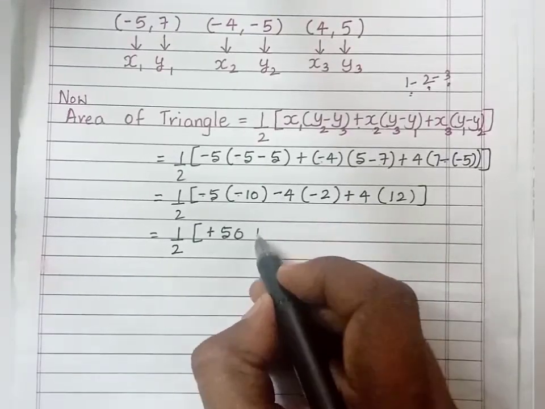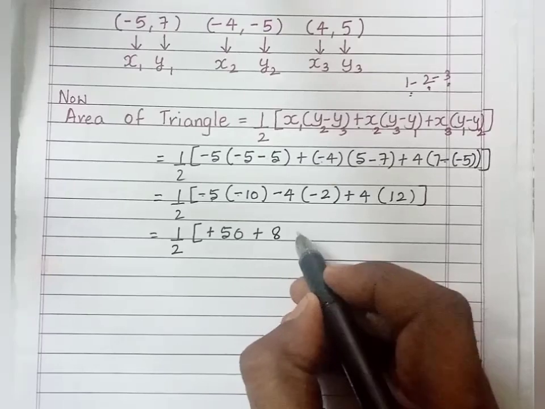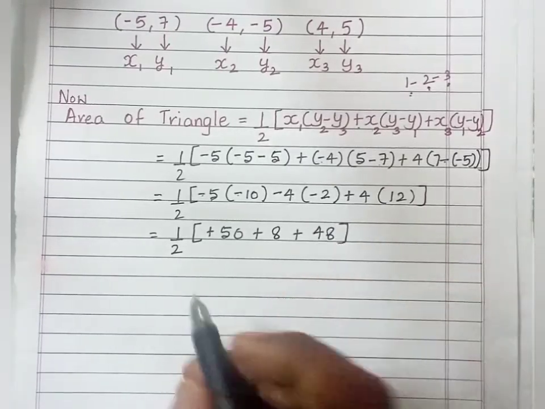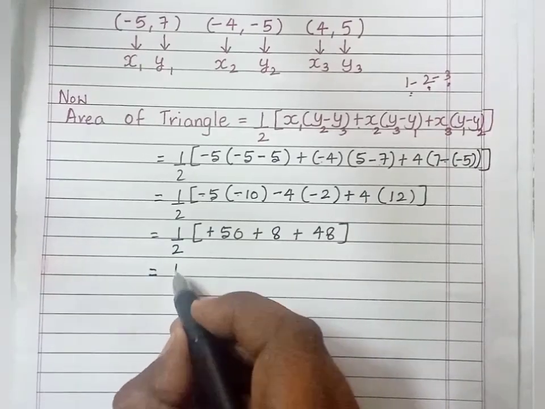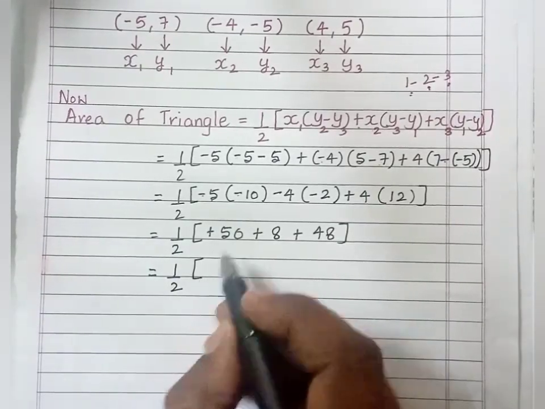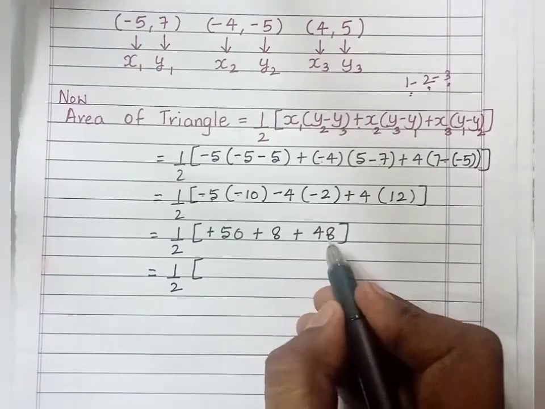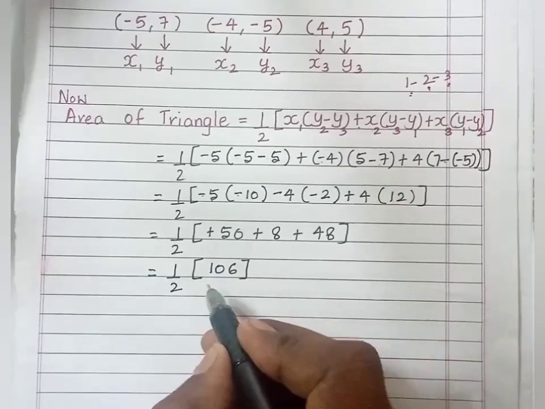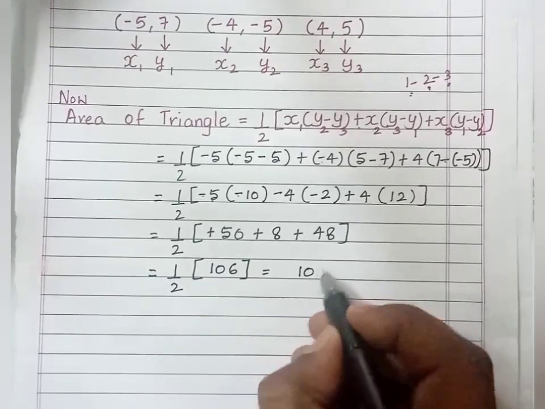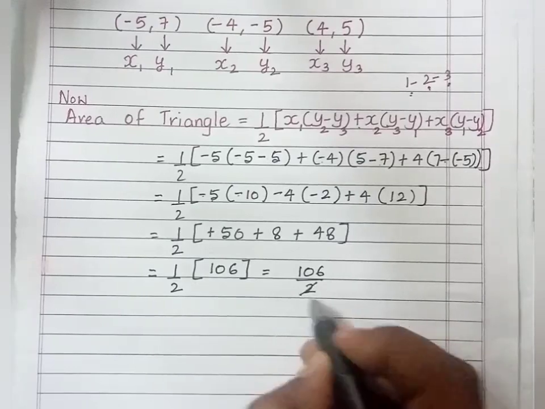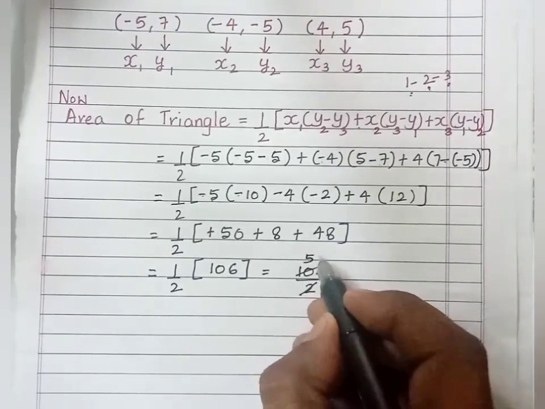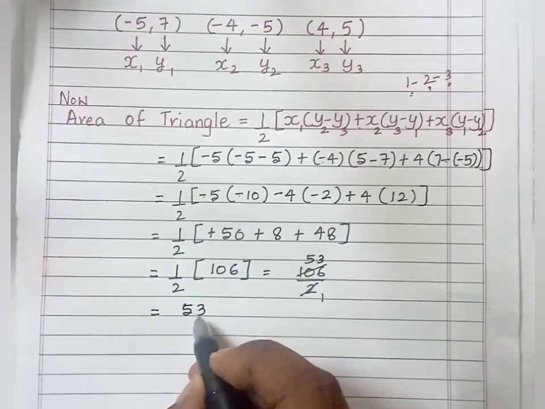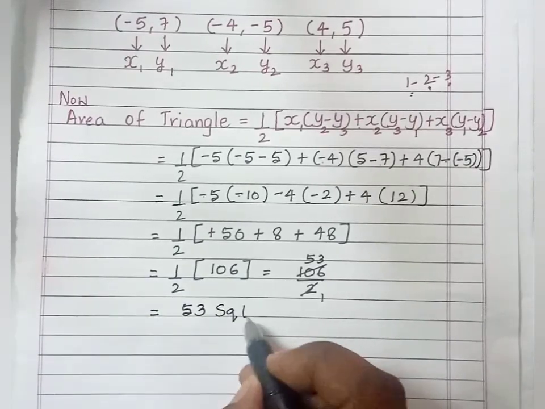The same way minus into minus is plus, 4 twos are 8, plus 4 times 12 is 48, equals half into, now add 50 plus 8 plus 48. 50 plus 8 is 58 plus 48 will give you 106. Now divide 106 by 2. So 2 fives are 10 and 2 threes are 6. Therefore, the area of the triangle is 53 square units.